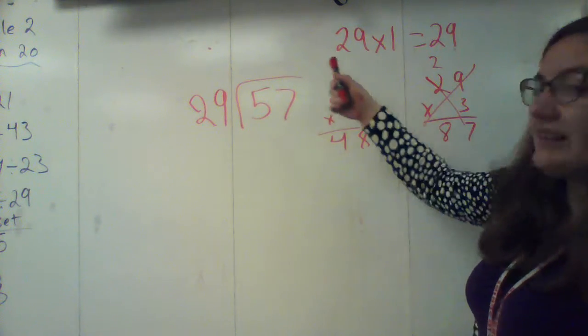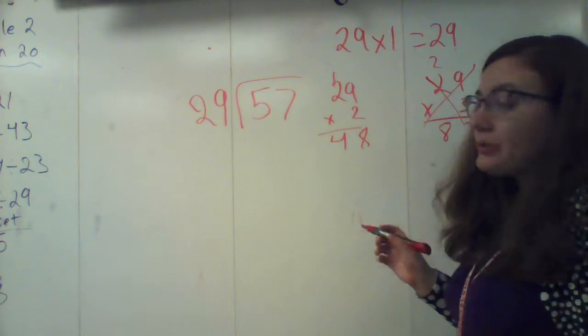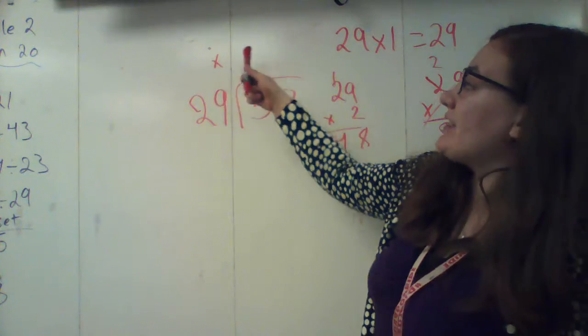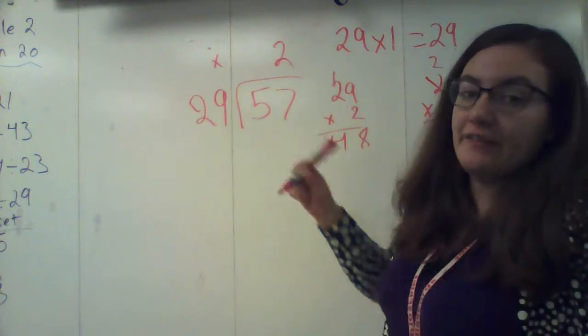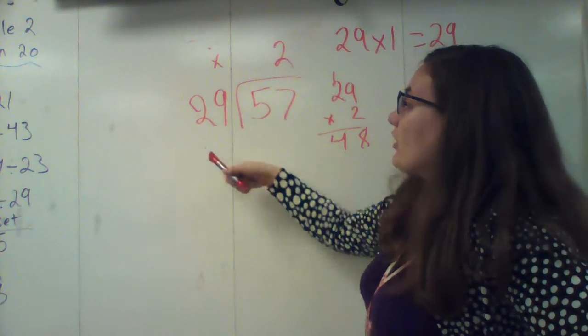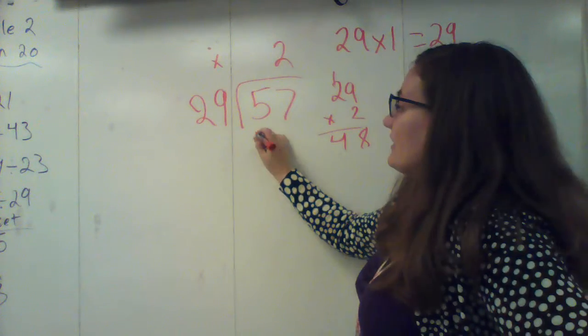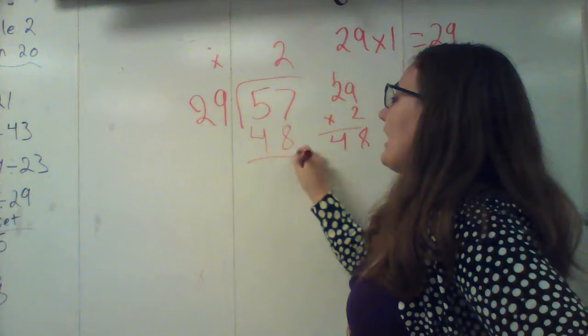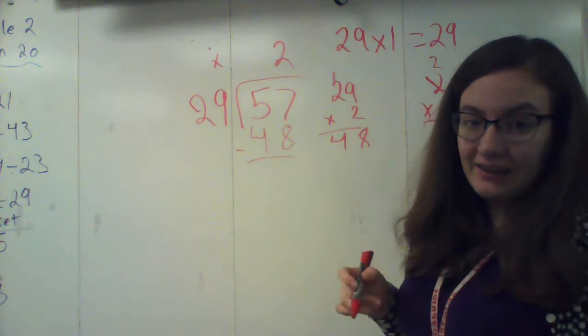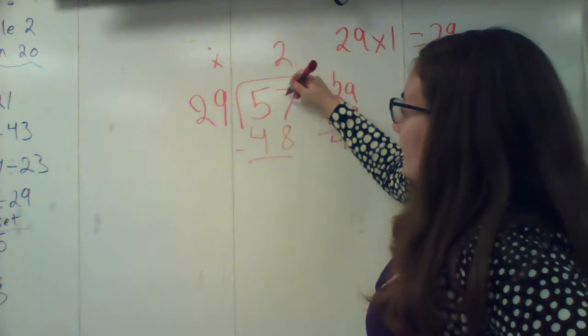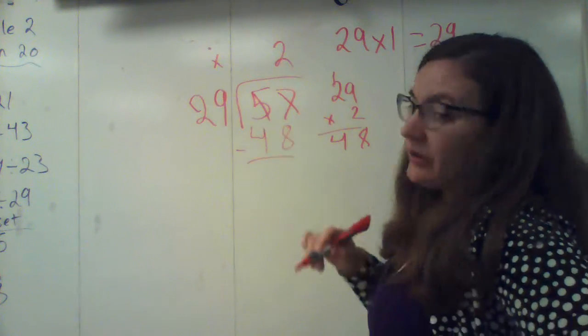After that, I know that this is my only factor that is going to work. So I'm going to think of this as a multiplication sentence. 29 times 2 can fit into 57. So I am going to write 29 times 2 is 48. So I'll put that right here. And then I need to subtract. Again, I need to regroup. So 7 minus 8 does not work. So I have to cross that out, borrow from this 5.